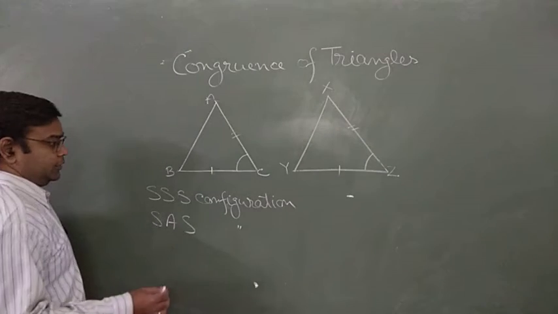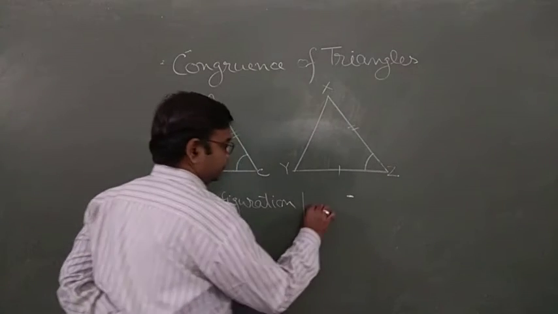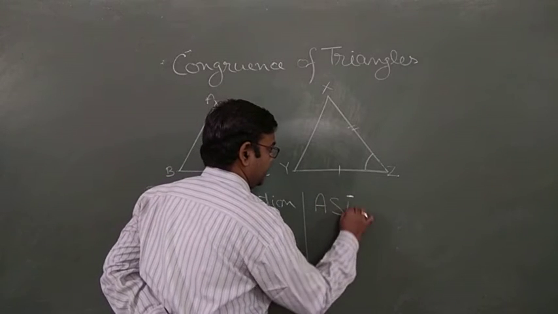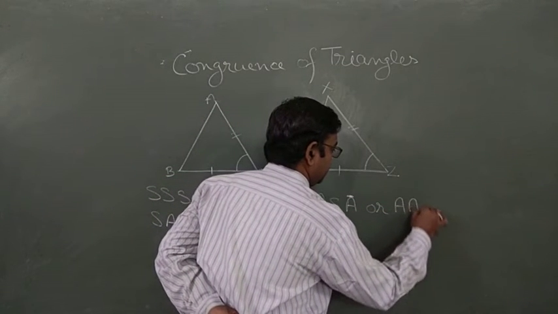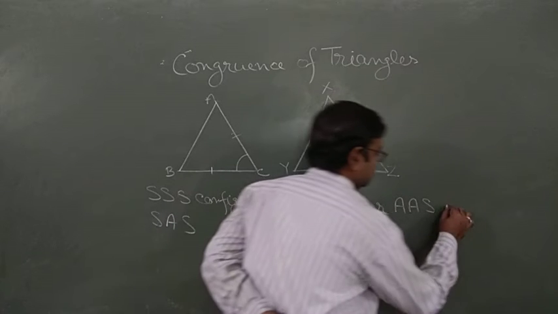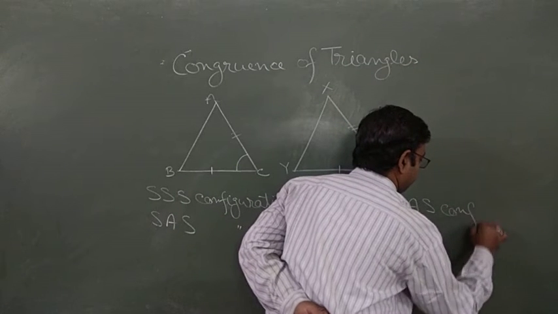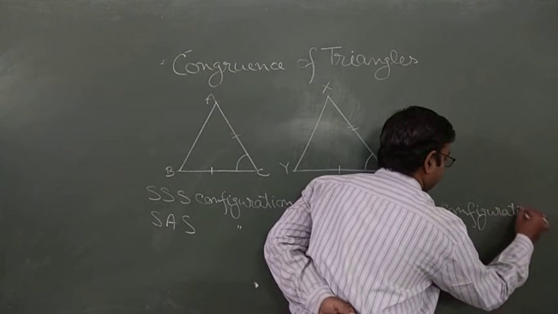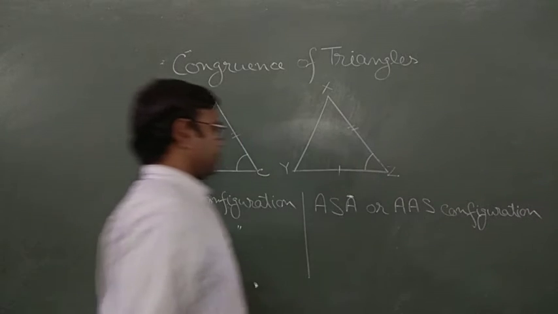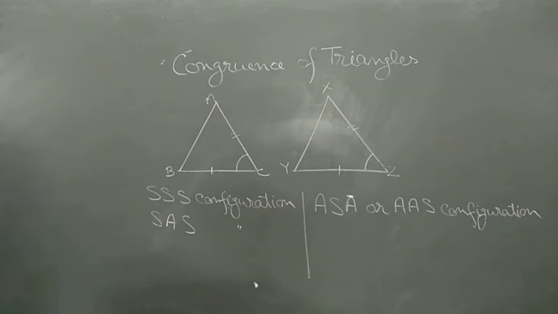The next one is your ASA. Let's see here very carefully. ASA or AAS configuration. What does this property indicate?